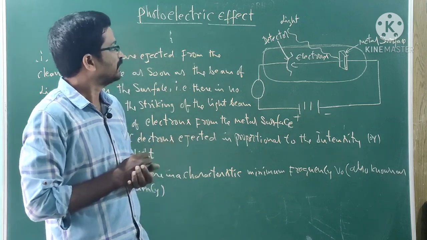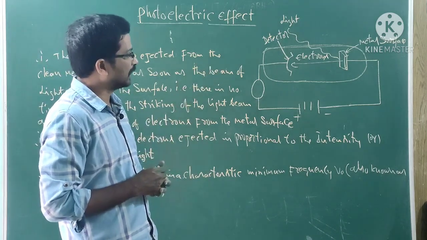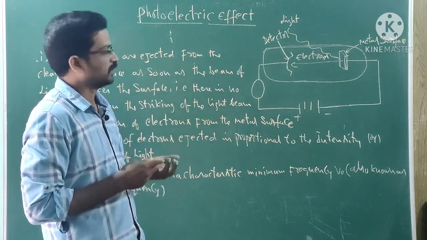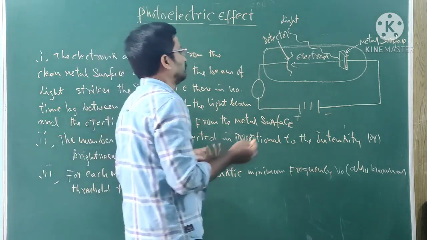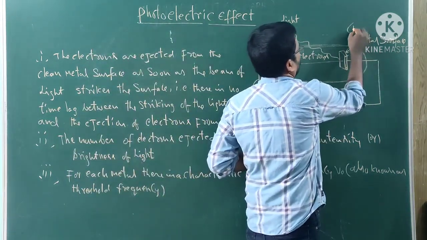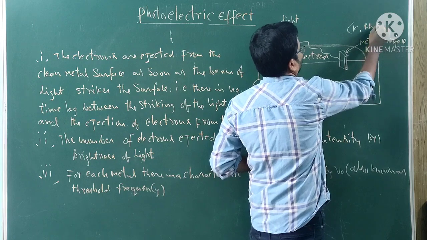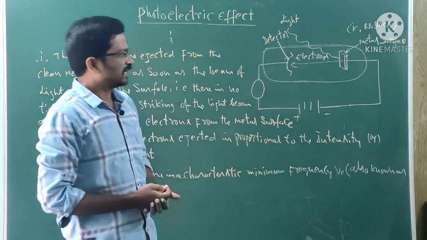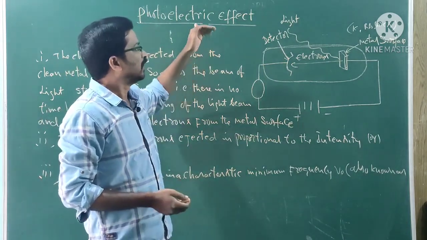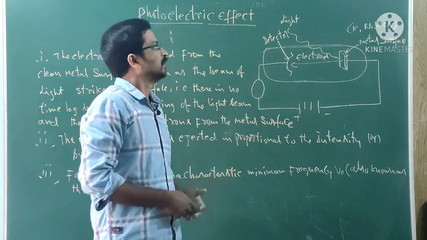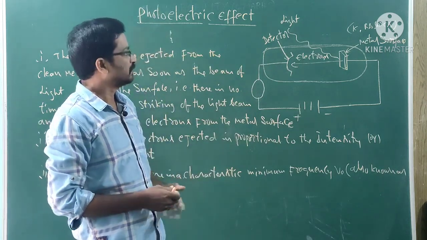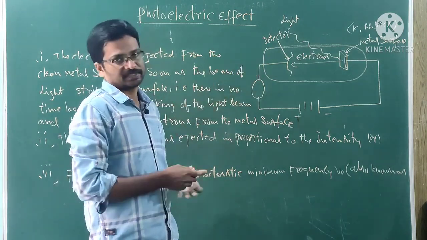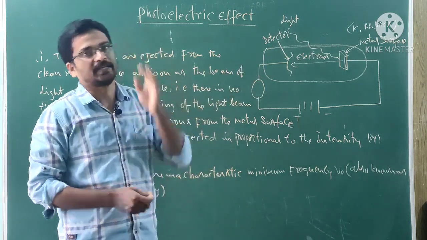In this experiment, he took some alkali metals, meaning potassium, rubidium, and cesium. He projected light on the metal surface and observed that some electrons are ejected from it. This is known as the photoelectric effect.